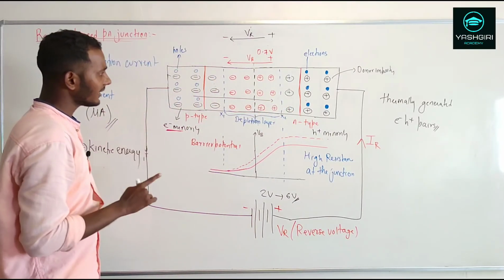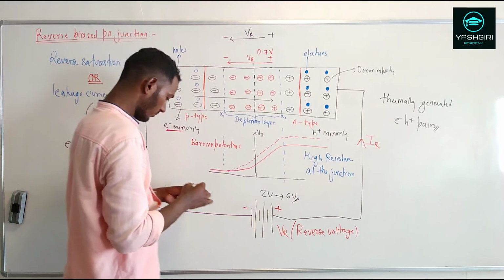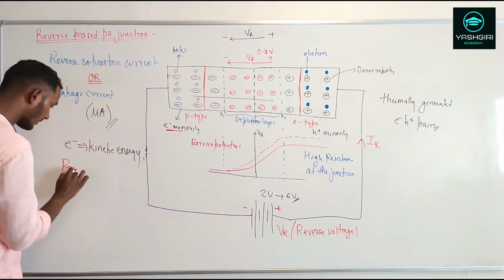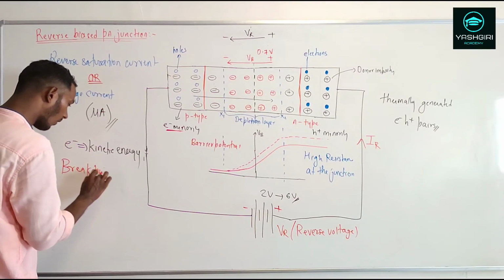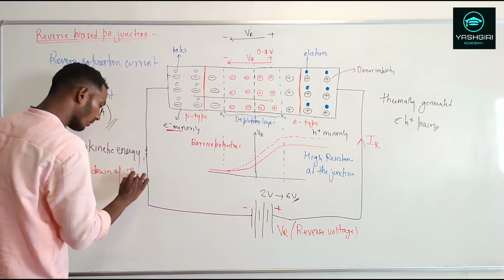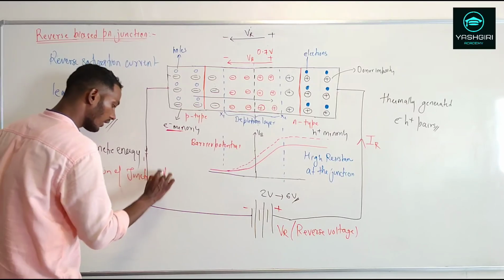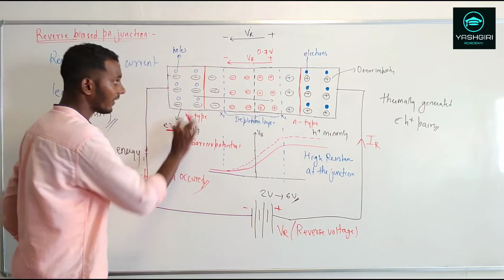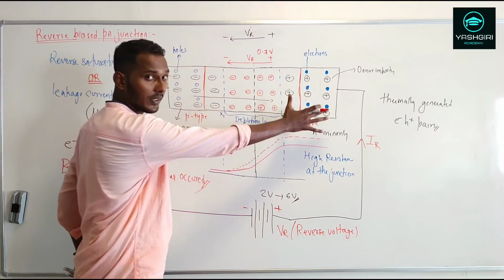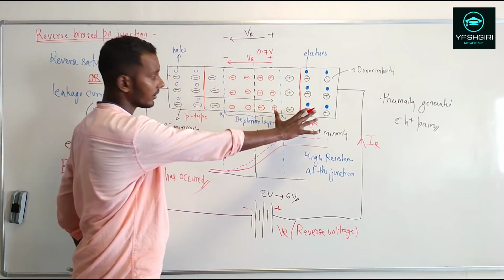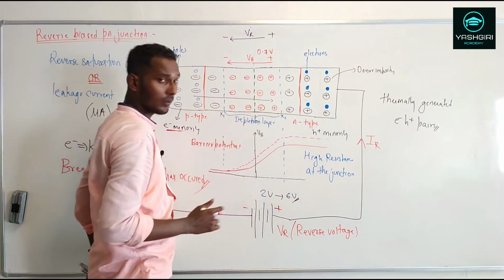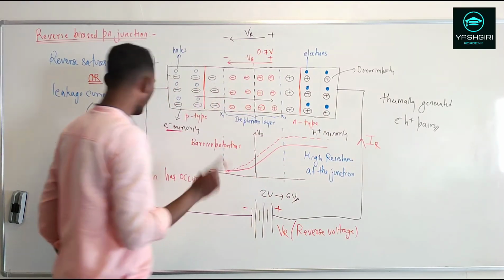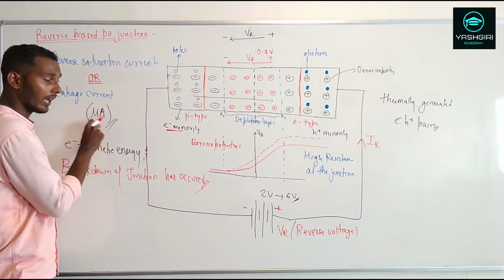Alright, and I can say that the breakdown of junction has occurred. In this case, you will find that the number of charge carriers flowing in this diode will increase, so you will get a very large reverse current, but again the range will be in terms of microampere.